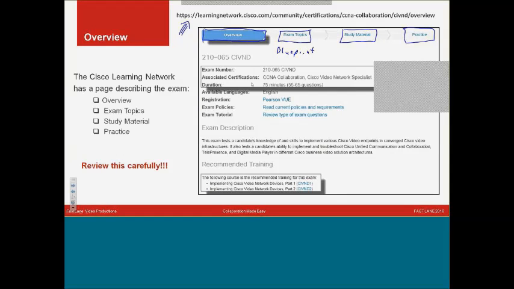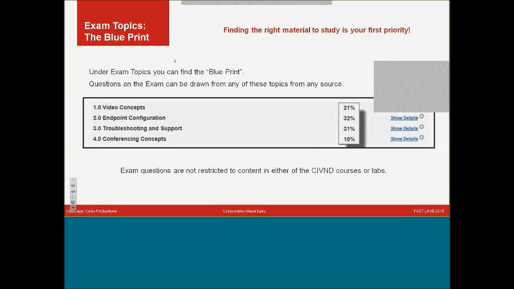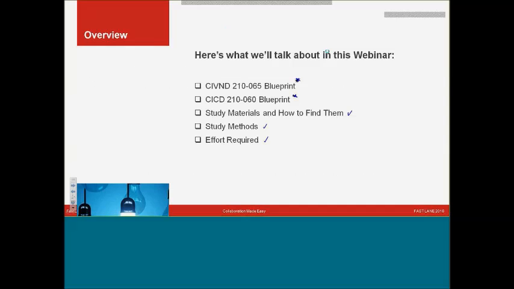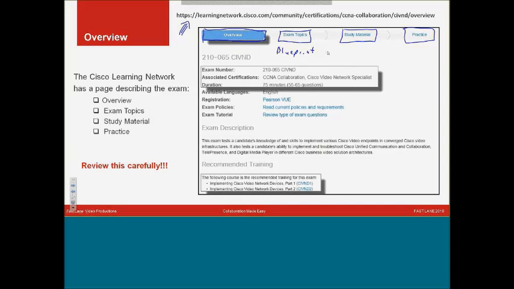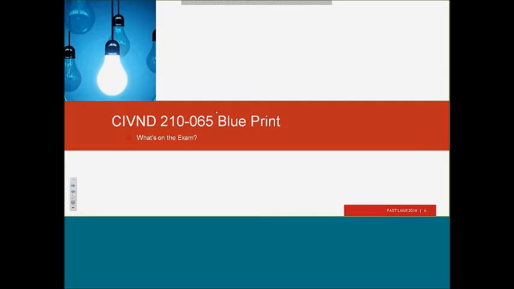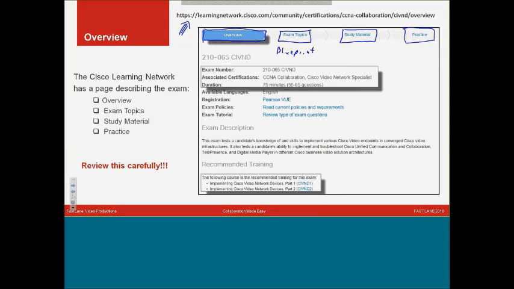So this is the overview for CI-VND. Okay, I'm not sure if I went to the right page. Just give me 1 second here just to be sure where we're at. Yeah, okay. So we're looking at CI-VND, and we're looking at the CI-VND blueprint. Okay, so I've given you the link to the web page for CI-VND so we can see the overview.